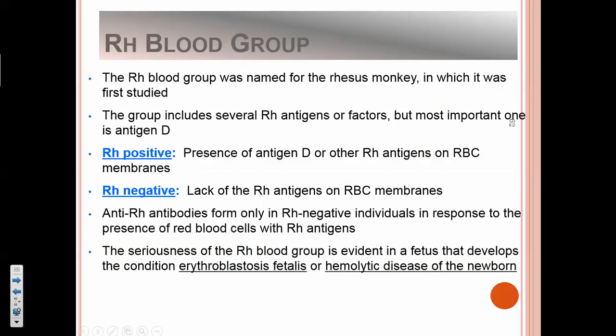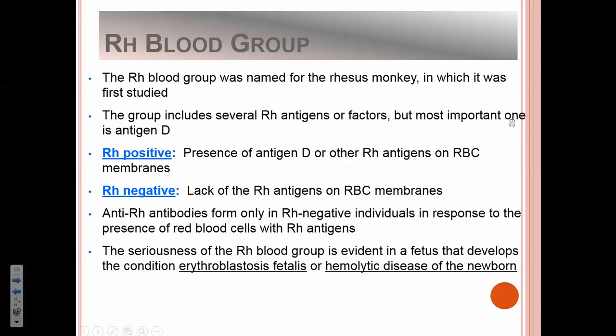The other blood group that we worry about with transfusions is the rhesus factor, or Rh blood group. That determines whether your blood's positive or negative. It is due to the presence or absence of a third type of blood antigen called antigen D, which is sometimes referred to as the Rh factor.